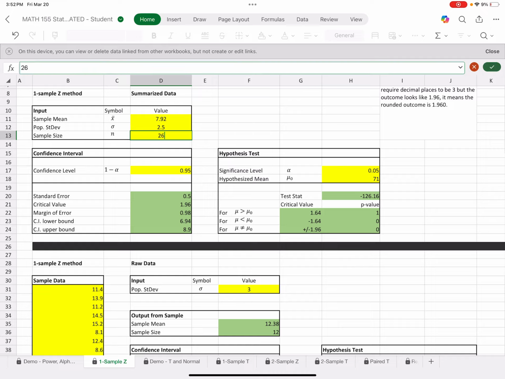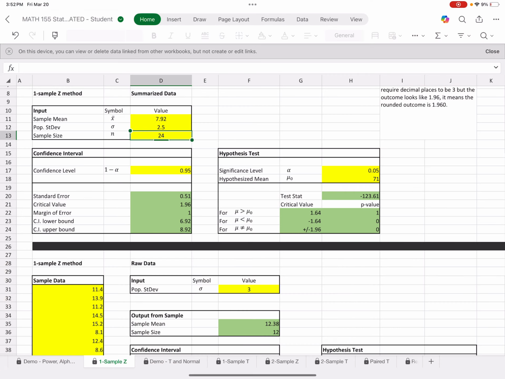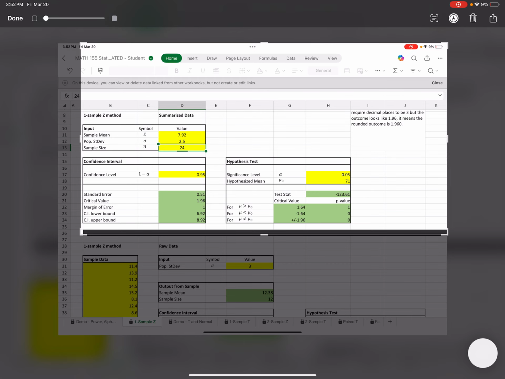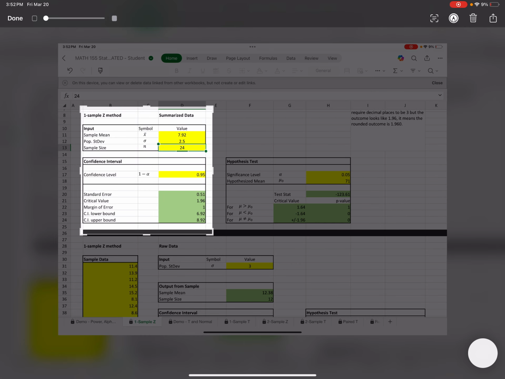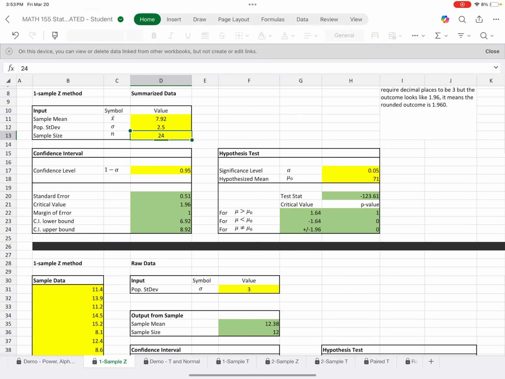Okay, let's try 26. I went the other way. Try 24. Ooh, 1. But even then, is it exactly 1, or are we rounding or whatever? Let me just screenshot this real quick. Right, that was the guess and check method. Never recommended except as a last resort. But it is, in a pinch, a way to get things done.